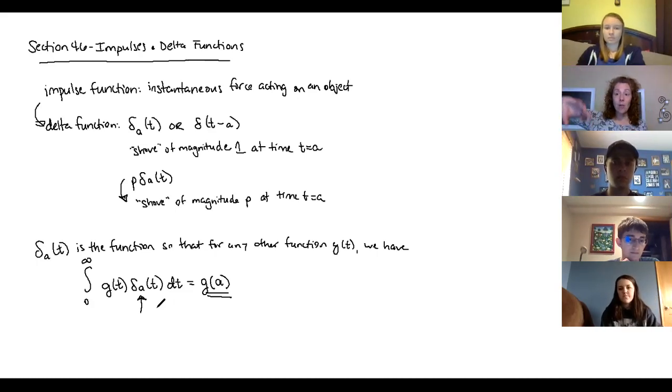The external force is always on the right-hand side, so this function can show up on the right-hand side of a differential equation. And if we want to solve that differential equation using Laplace transforms, we've got to know how to take the Laplace transform of this function. You could cheat by looking in the front of your book, but we're going to come up with what it is because it isn't actually that hard to do.